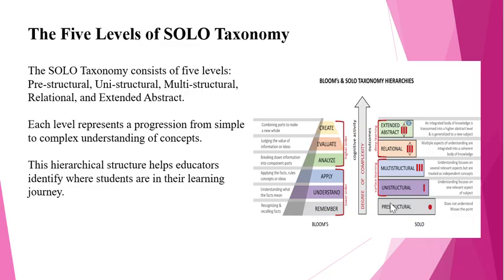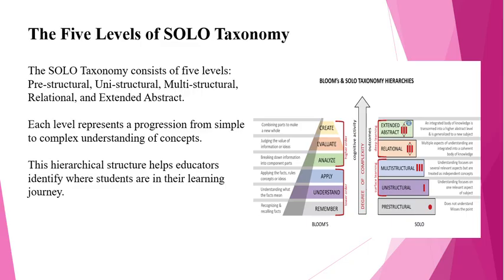But in the SOLO taxonomy, we move from the pre-structural level. It means we do not understand and we actually miss the point. Then we move to the unistructural, which includes understanding and focus on one relevant aspect of a given subject. But in multistructural, we focus on several relevant aspects, but still treat them as independent concepts.